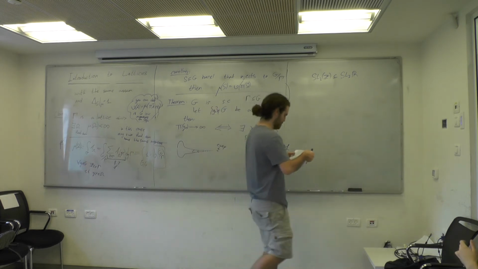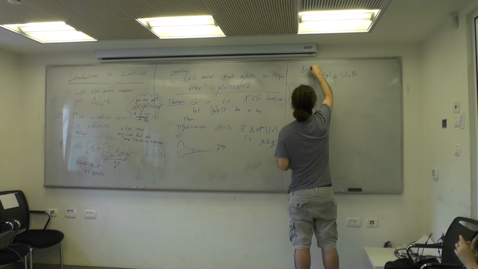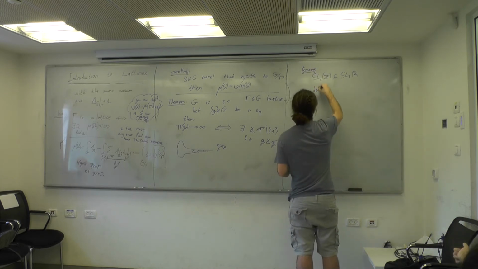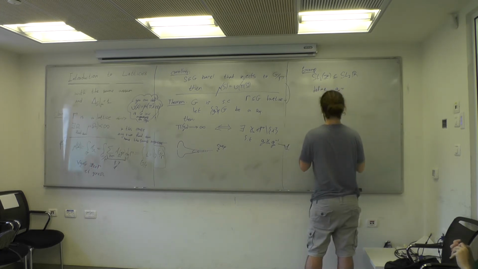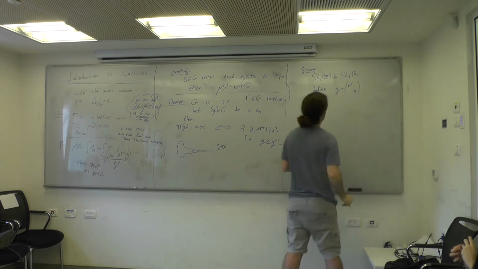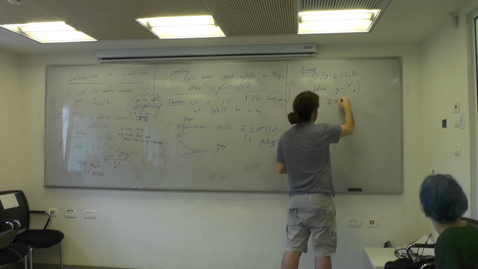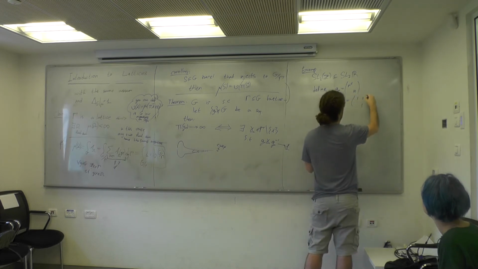Let's define an example. Define Gn to be the diagonal matrix with n and n inverse, and gamma n to be identically u, which is 1, 1, 1.